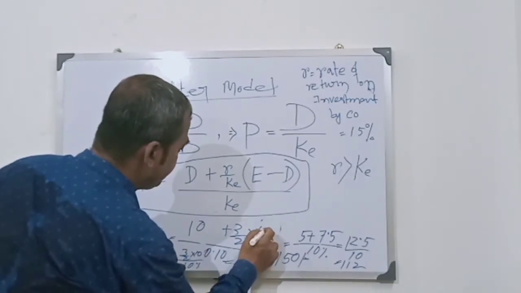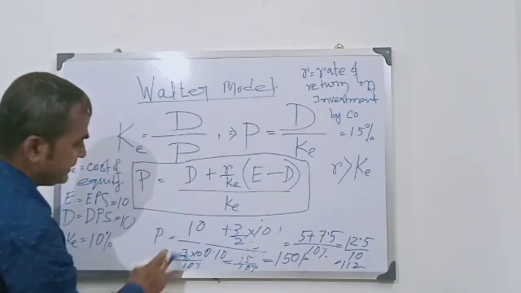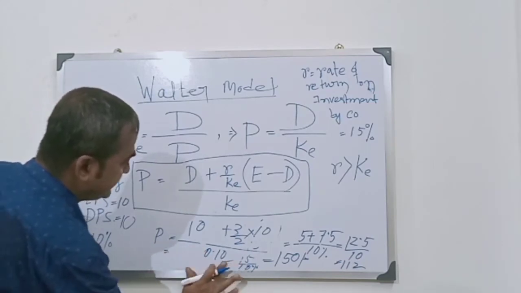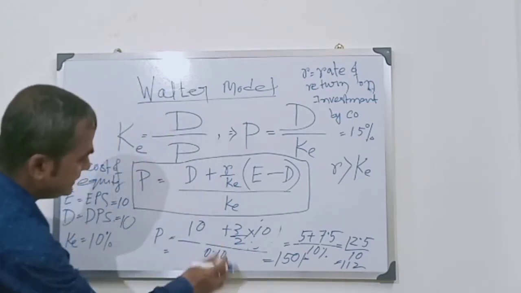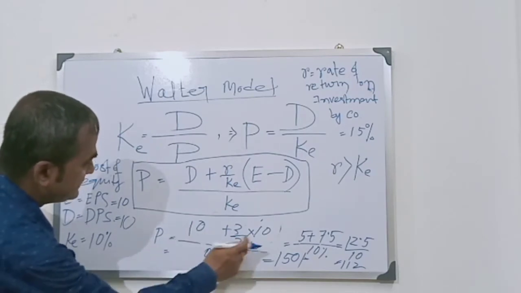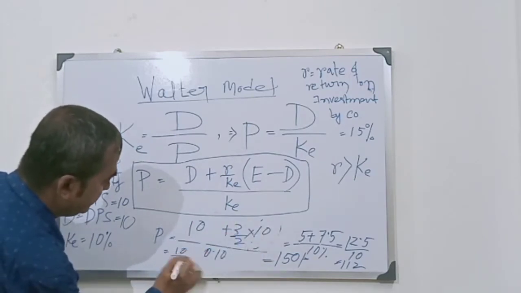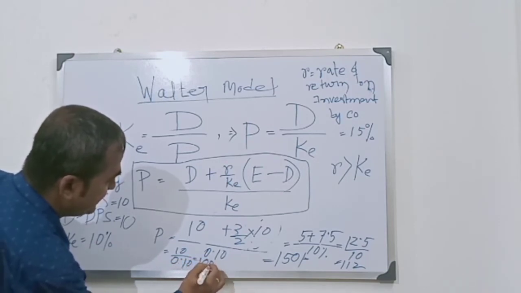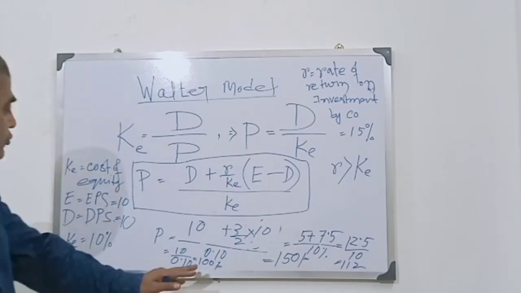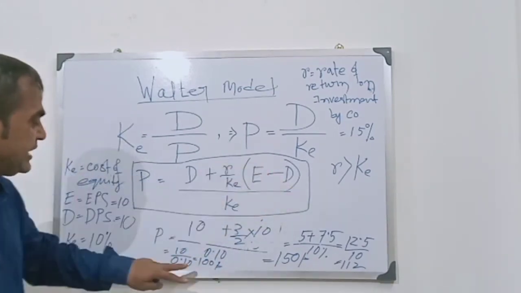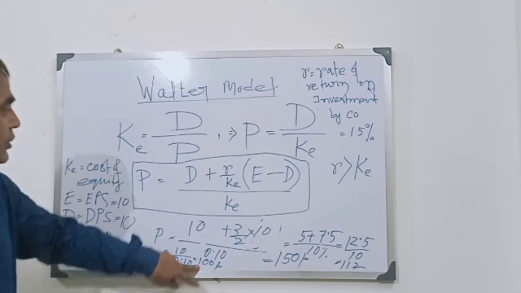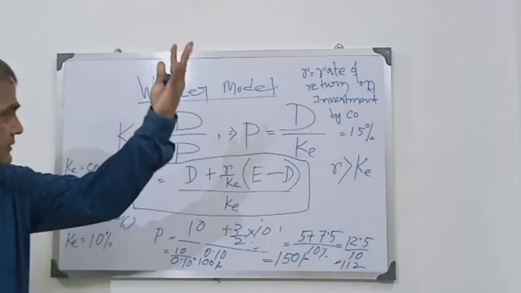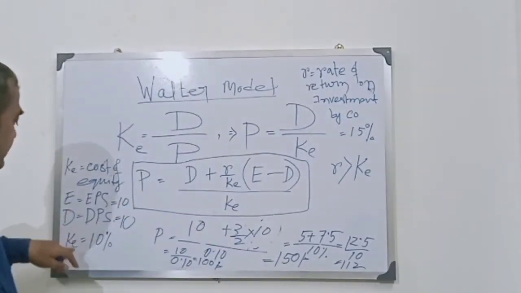So it becomes 10 divided by 10%, which is equal to 100. So that means when you pay off everything as dividend, the share price is minimized, because the rate of return on the investment by the company is more than the cost of equity.